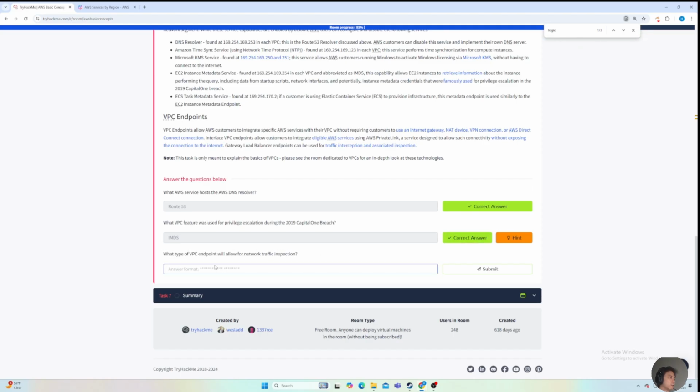Gateway load balancer. Gateway load balancer endpoints can be used for traffic interception and associated inspection, which is right there.